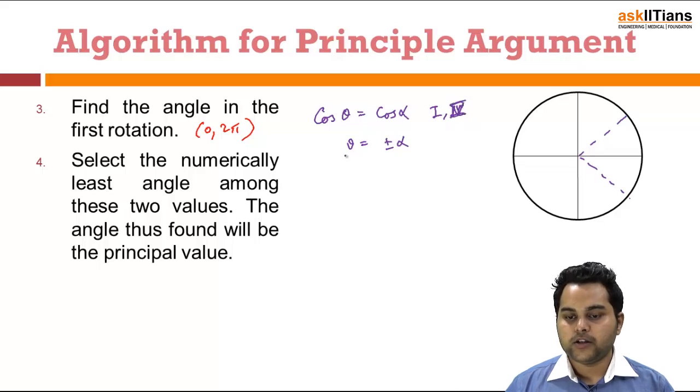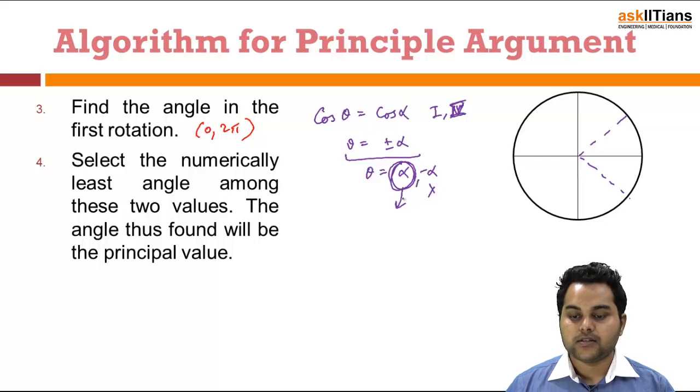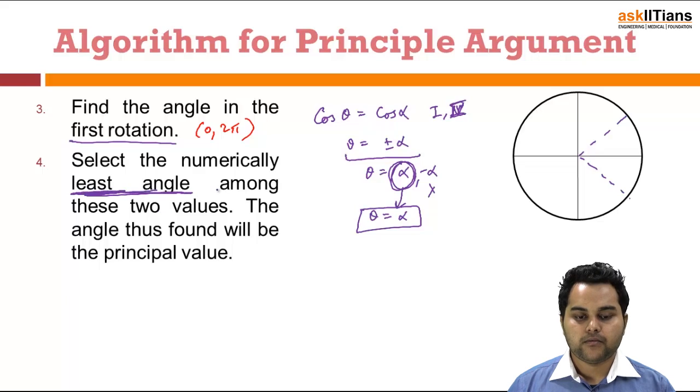Now among the two values, that is theta is equal to alpha and minus alpha, I shall choose alpha as the principal argument and reject minus alpha. This is just a convention, so I would choose theta is equal to alpha in that case. So from this we have the angle must lie in first rotation, and of these numerically two values, I have to select the least value, least angle among the two values.